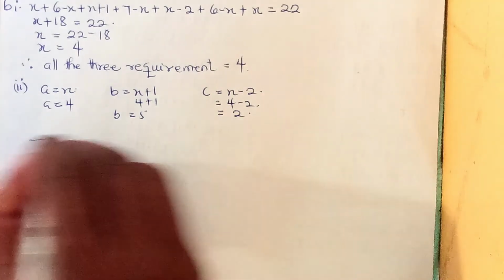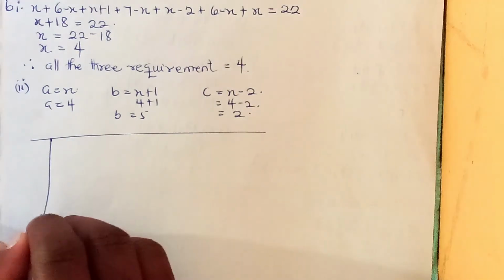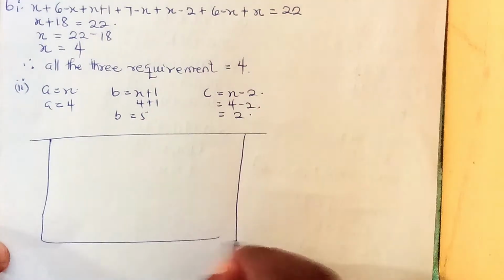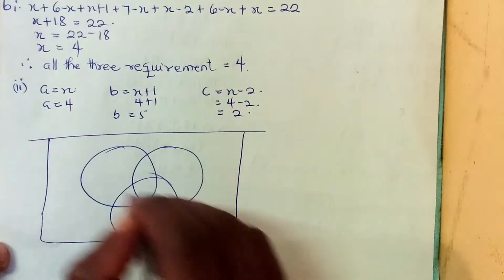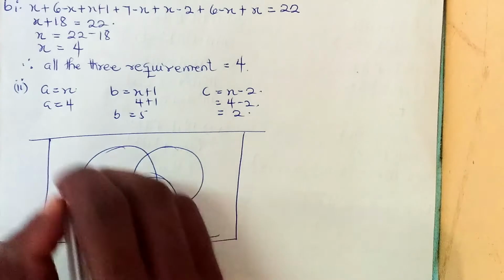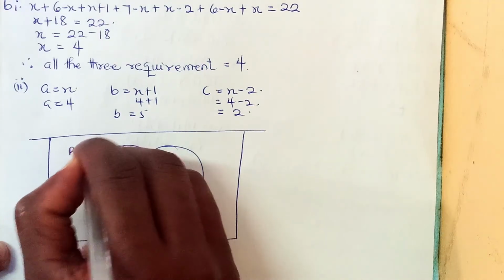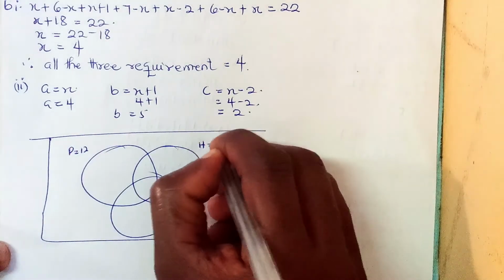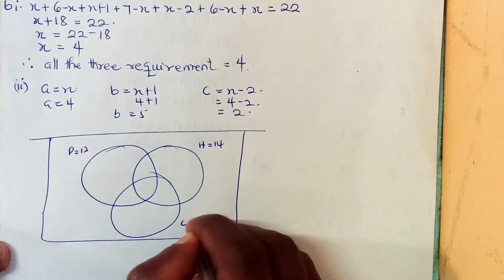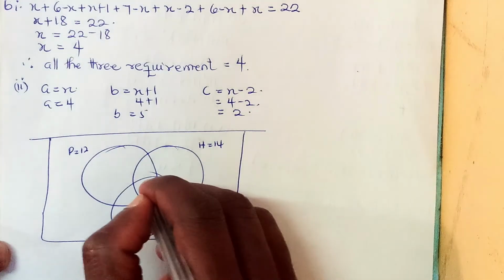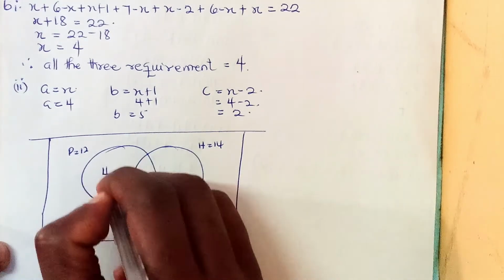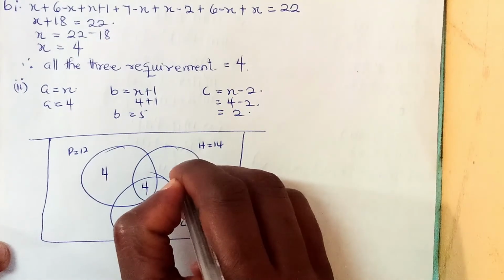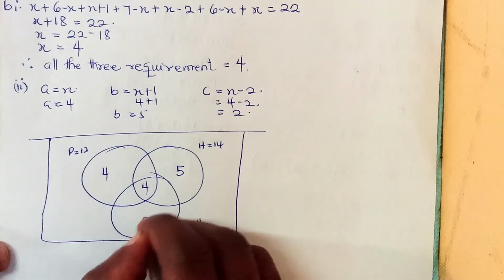So we have P 12, H 14, C 11. We have our H to be what? 4. Our A to be 4, B to be 5, C to be 2.